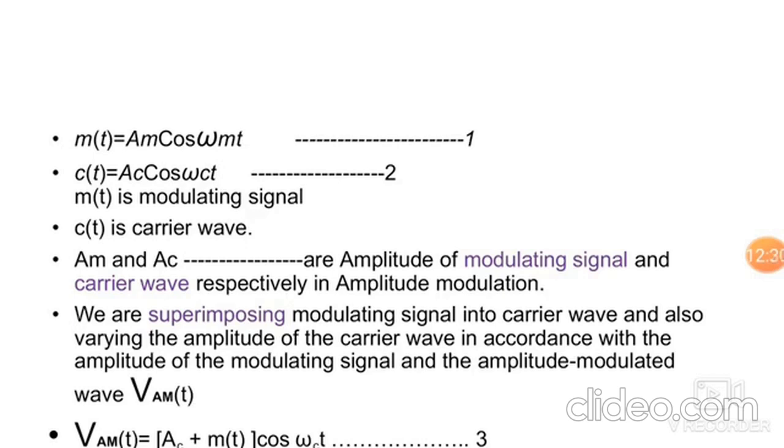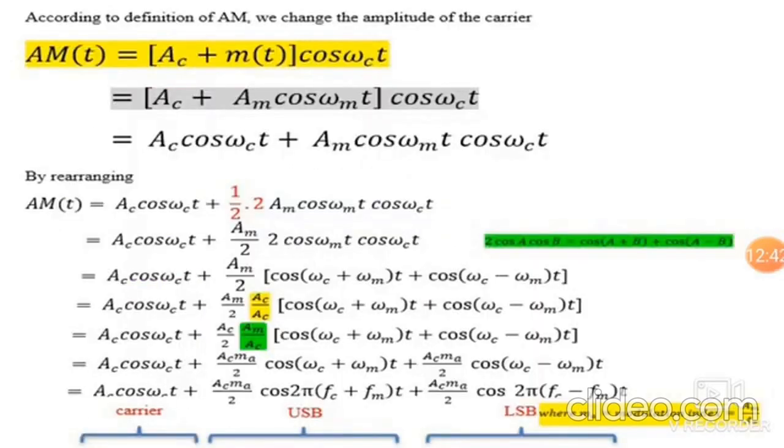These two signals are given as the input of the modulator, and inside the modulator the modulation happens, and the two are combined. Once modulation happened, the modulated signal equation will be like that.